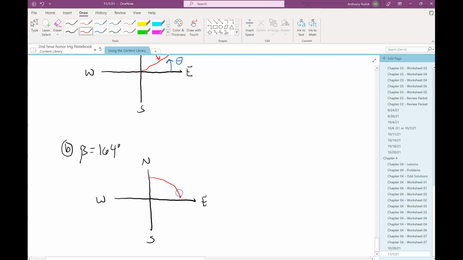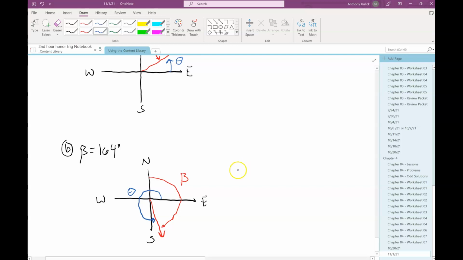So here to here is 90, and then like 74 more puts us over here somewhere, right? Now our standard position angle starts at the positive x-axis and goes counterclockwise. So that's my theta, my standard position angle.